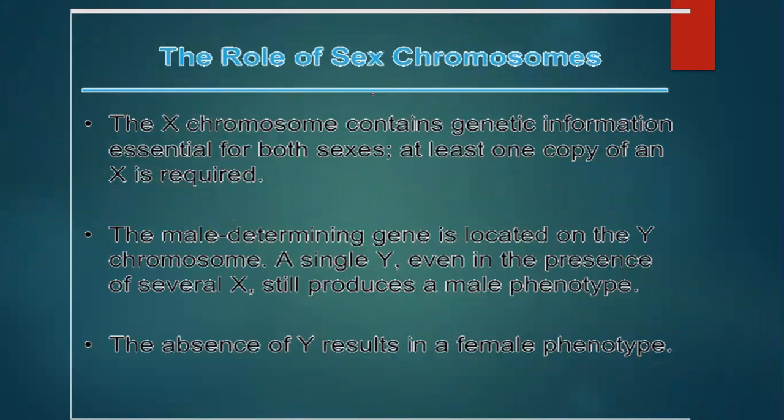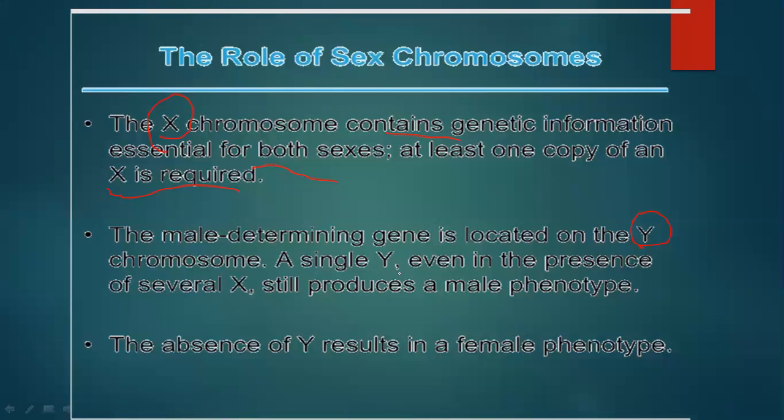Sex chromosomes have a great role because they contain the genetic information which is essential for sex. At least one copy of an X chromosome is required. The male determining gene is located on the Y chromosome.